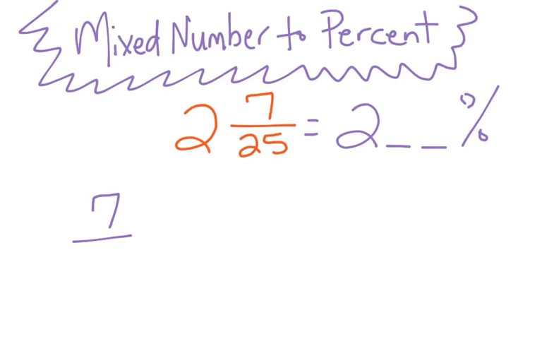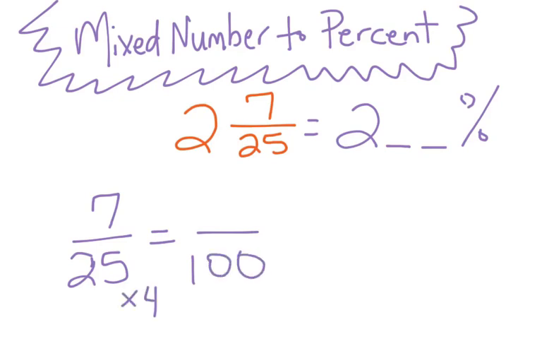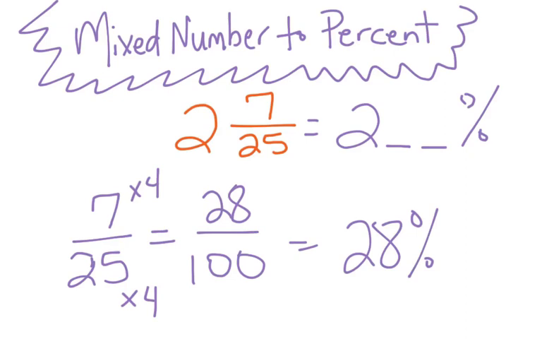So if I have two wholes, it's going to be 200 and something. So what I really need to worry about, though, is the smaller part. I've got to figure out what that is as a percent. So if I set it up, I want to get that denominator of 100, and I know 25 times 4 gives me 100. So 7 times 4 up top gives me 28, which equals 28%. Once I have it over 100, that's my percent. So 2 and 7/25 is going to be 228%.